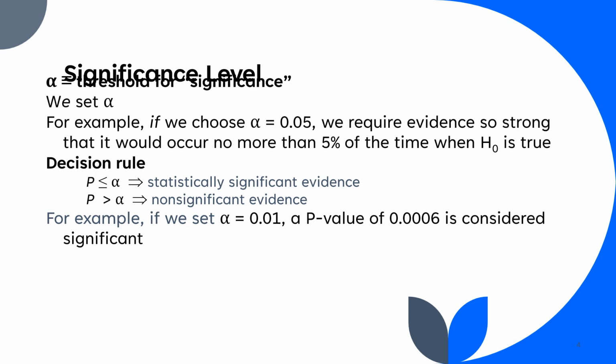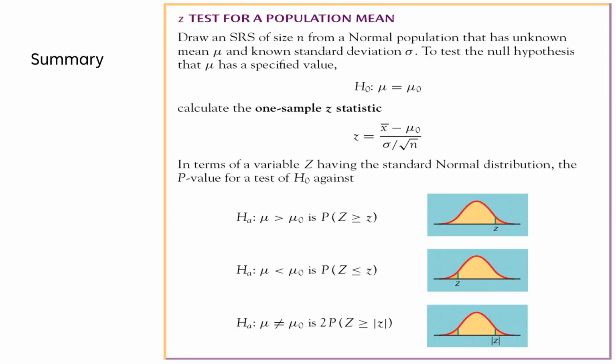Decision rule: if P is less than or equal to alpha, it is called statistically significant evidence. And if P is greater than alpha, it is non-significant evidence. For example, if we set alpha 0.01, a p-value of 0.006 is considered significant.